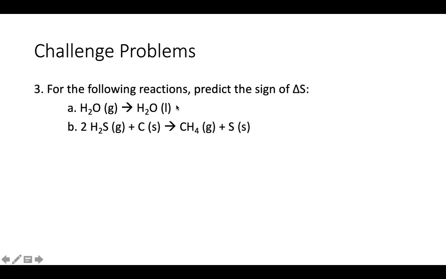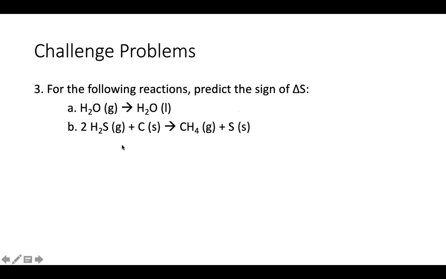Okay, so on the product side, we're going to have a lower amount of entropy compared to the reactant side. And so when you solve for delta S, which is products minus reactants, A would give you a negative delta S value, or we would predict that, right? We don't have the real values, but based on the equation, it should be negative.